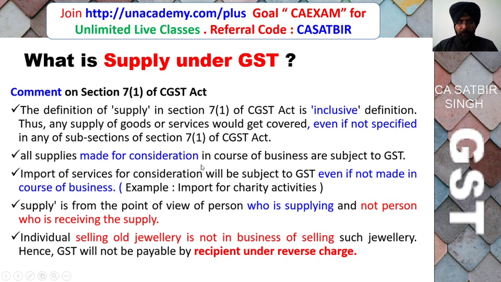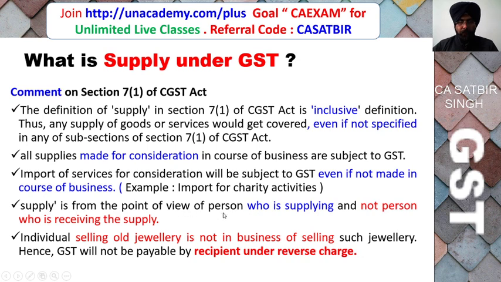All supplies should be made for a consideration in the course or furtherance of business, and import of service will be subject to GST even if not made in the course of business. So for import of service, it is not necessary that it should be for the purpose of business. Suppose import is for charity activities, even then GST is required to be paid.